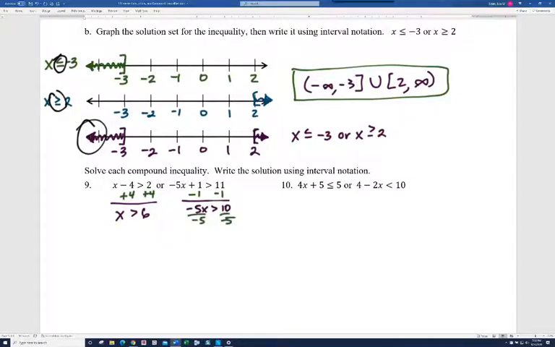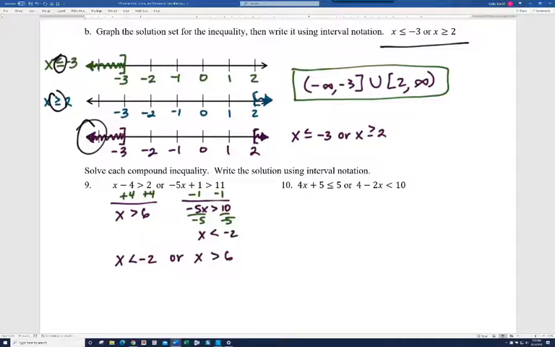Now notice we're dividing by a negative, so we have to flip that symbol, and so we get x is less than -2. So our solution is, and I'm going to put the smaller number on the left, the bigger number on the right, x is less than -2, or x is greater than 6. All right, so if you look at what we had above, it looks quite similar.